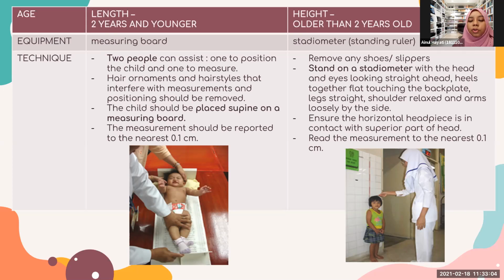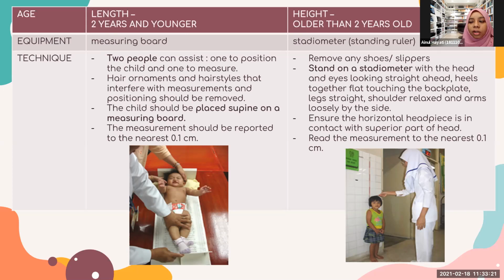And also the child should be placed supine on the measuring board, facing straight to the ceiling above. The measurement should be reported to the nearest millimeter or 0.1 centimeter.